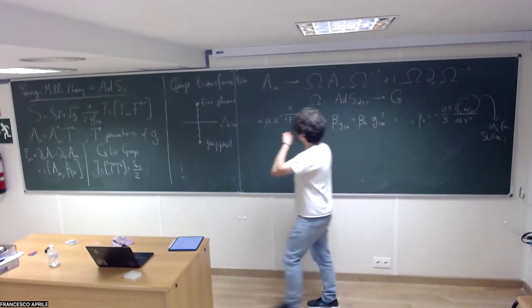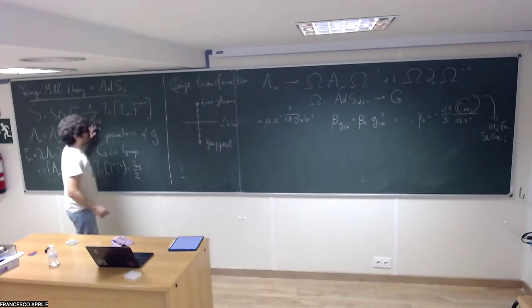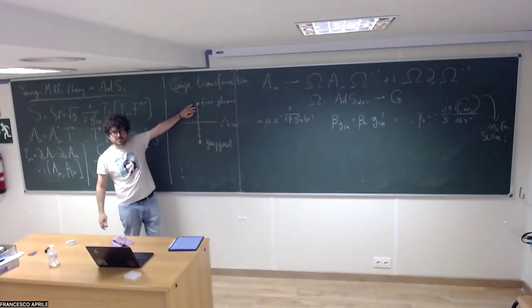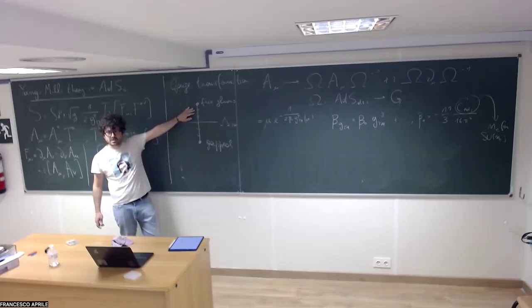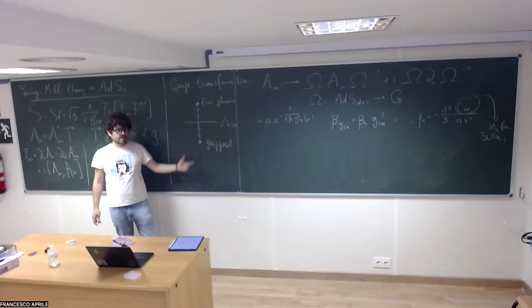Okay, so what am I saying? Let's recap. I'm saying this coupling is classically marginal, but then it has a negative beta function, so it's actually relevant, and the theory flows to strong coupling.